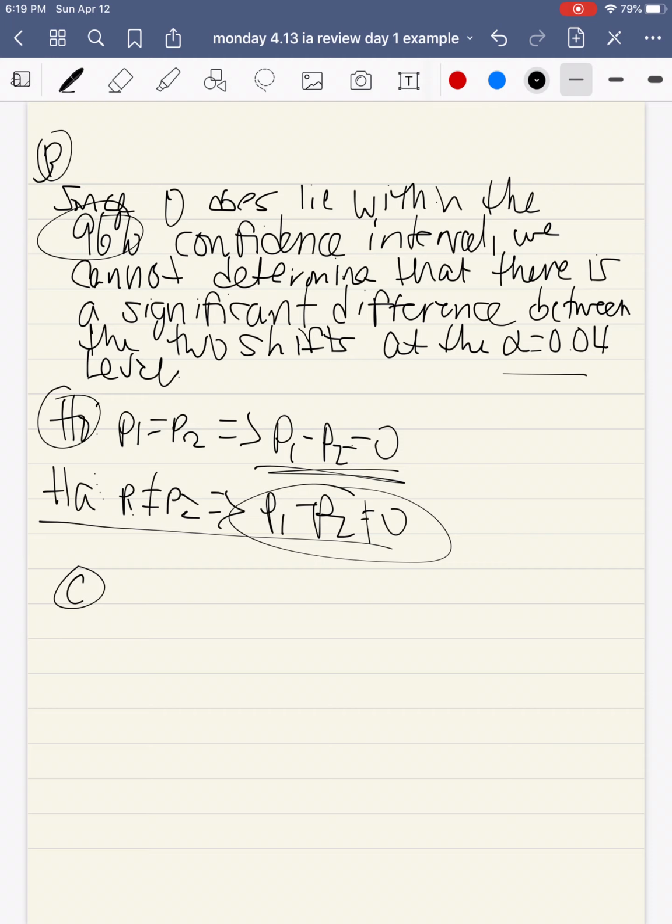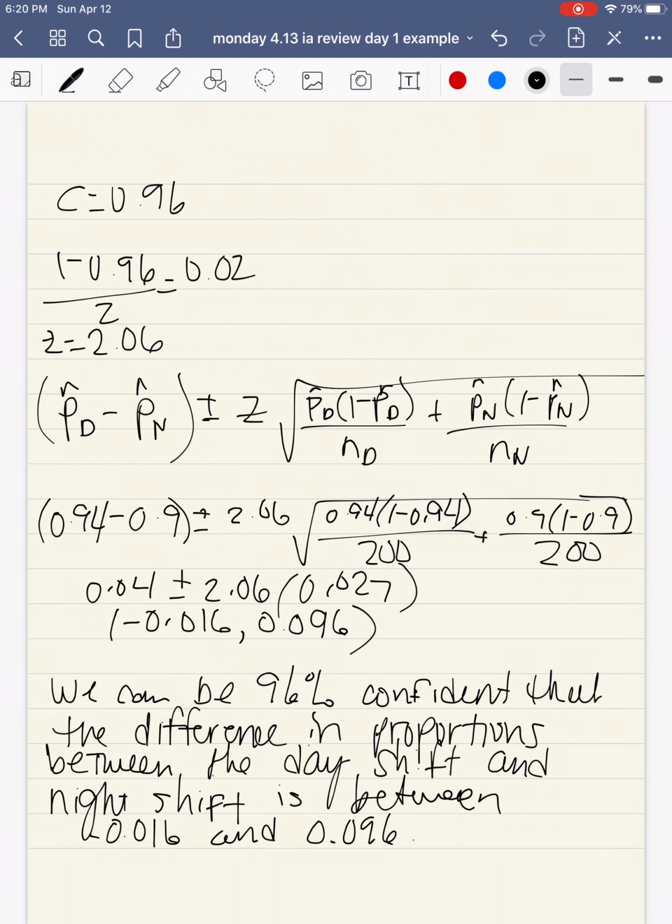So this really goes into thinking about what exactly a confidence interval is telling us. A confidence interval is really telling us the proportions between the two shifts, but we're estimating the population values. These numbers that we're using here, we're trying to estimate the population.